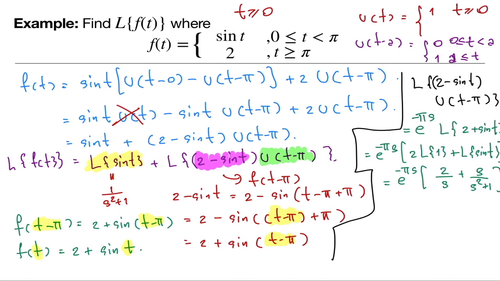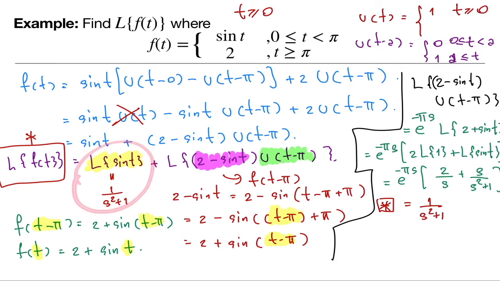Let me get rid of my video. So guys, this Laplace transform then becomes 1 divided by s squared plus 1, which is from this guy, plus e to the minus pi s times 2 over s plus s divided by s squared plus 1, and that's it.